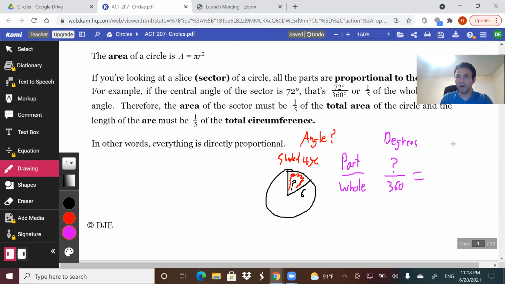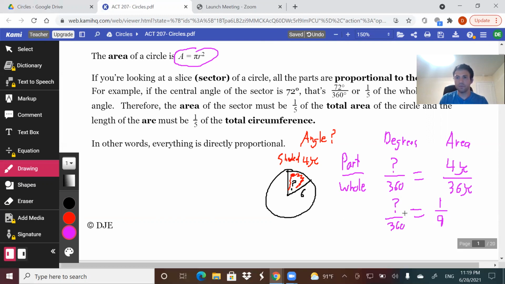And then we're talking about area. And with regards to area, the part of the area we have is 4 pi. And we know that pi r squared, right? Pi r squared is the whole area, so 36 pi is the whole area. So now we can easily figure out the part, right? So this reduces to 1/9. And then this is pi over 360.